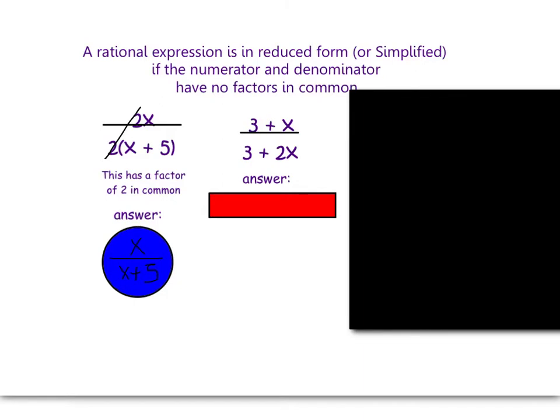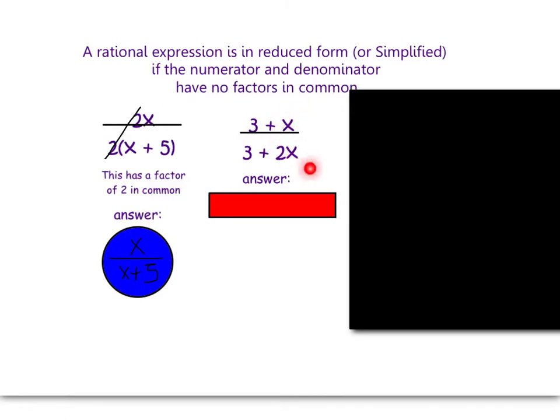3 plus x over 3 plus 2x. Tempting as it is to cancel these two 3's, they aren't factors. You can't take a 3 out of everything in this binomial.